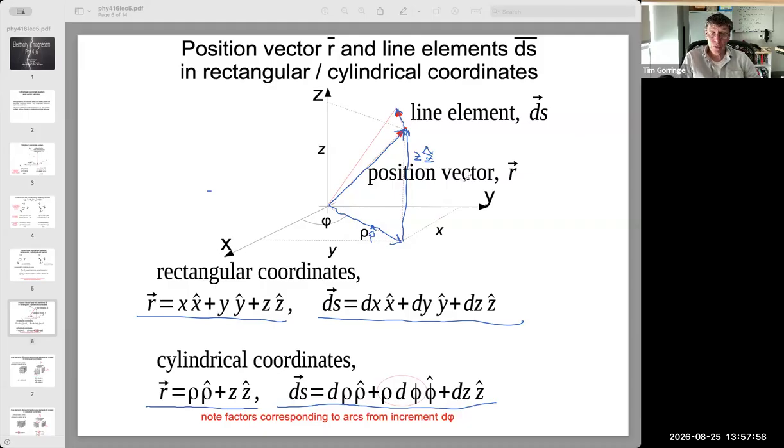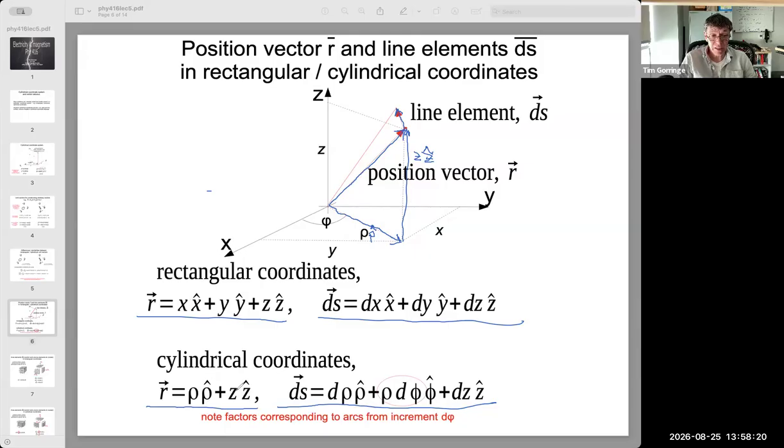that takes us to the field point. So that's specifying the position of the field point in cylindrical coordinates. You might say, what happened to phi? There's no phi in this expression here. There were all the coordinates in the expression up here in rectangular coordinates, so you saw x, y, and z explicitly.